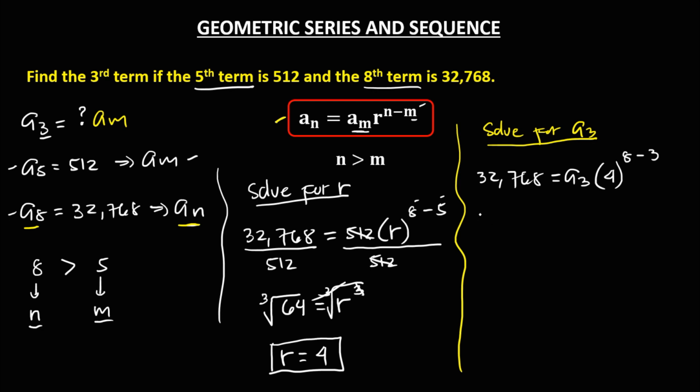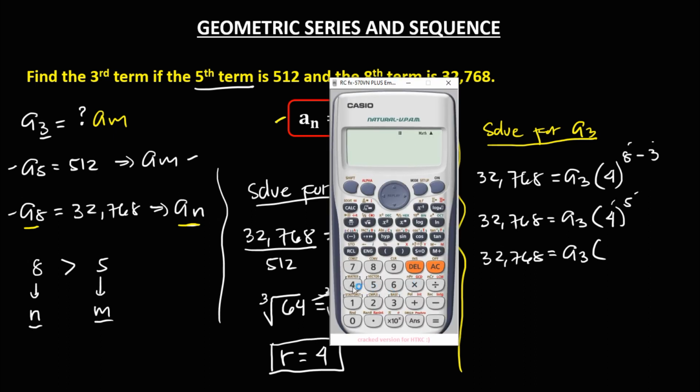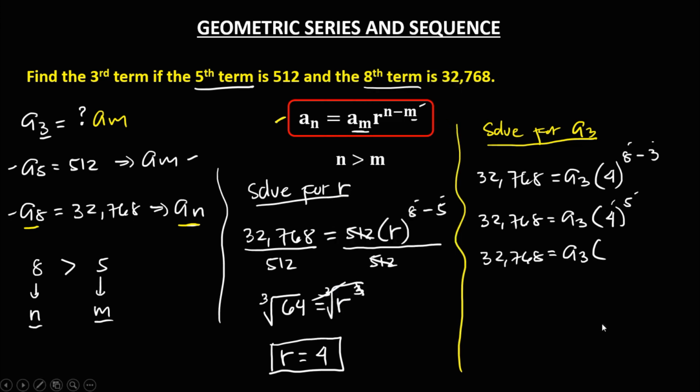Then simplify: 32,768 equals a sub 3 times 4 to the power 5. So 4 to the power 5 equals 1024.